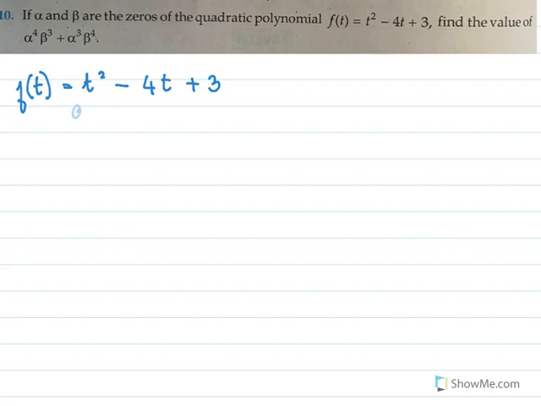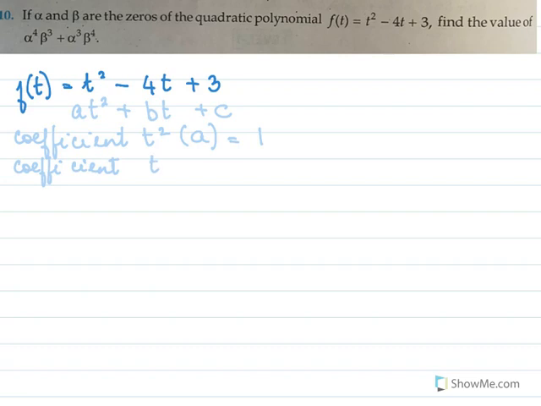And now when we compare it with at square plus bt plus c, we see that a, which is coefficient of t square, we call it a, is equal to 1. Then coefficient of t, which we call it as b, is minus 4. And the constant term, which we call as c, is plus 3.